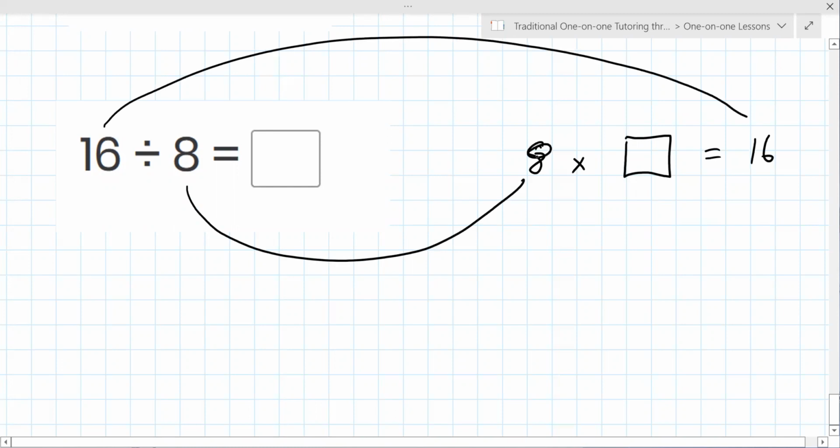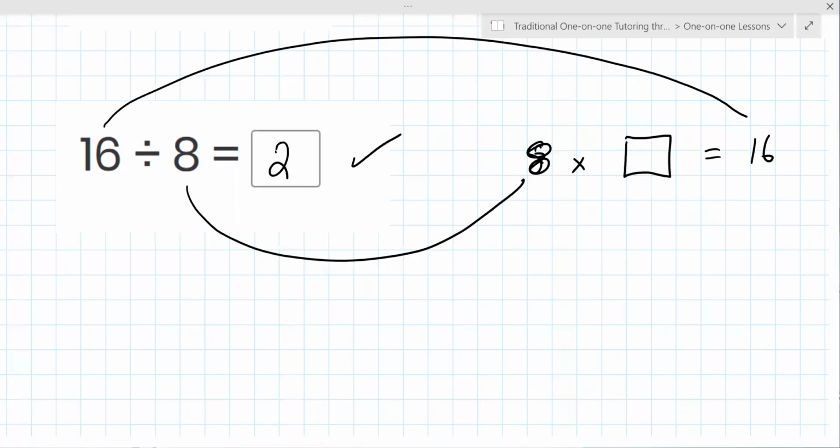So if you're more comfortable, you turn every division problem on the left into a multiplication problem on the right. So 8. So is it 2? It's 2. Yes, perfect.